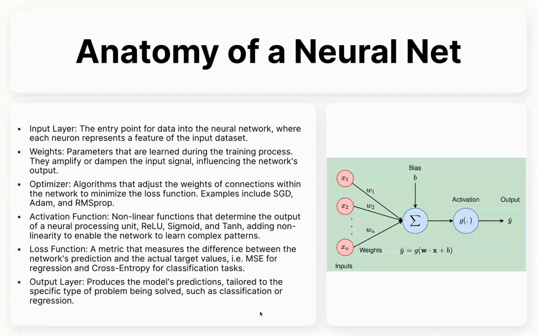And then we have the output layer, the final layer in the neural net, which produces the model's prediction. It's tailored to the specific type of problem being solved: for a regression task you may have a continuous series of numbers, or for a classification task you may have specific classes.